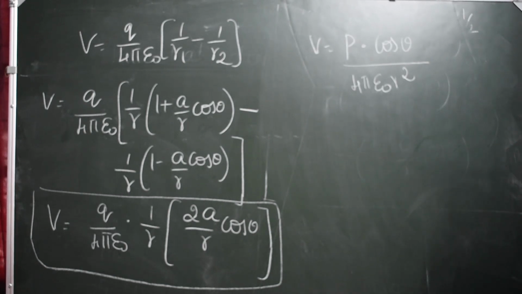P cos theta divided by 4 pi epsilon naught into r square.